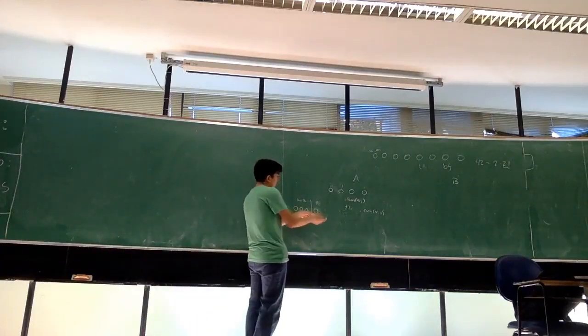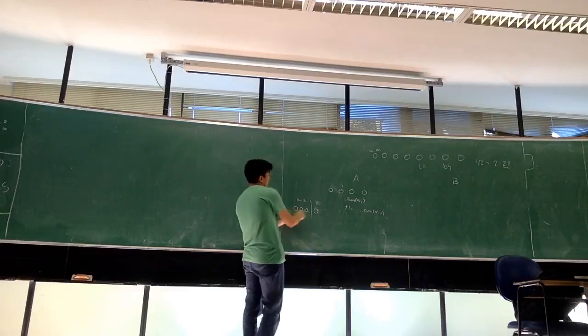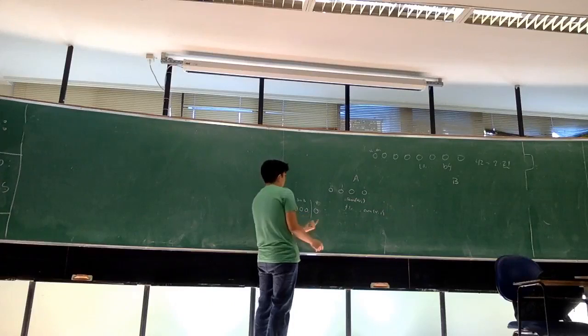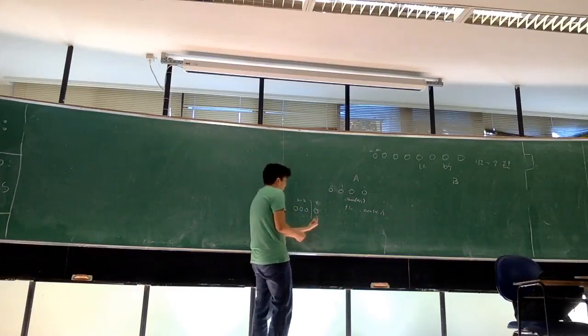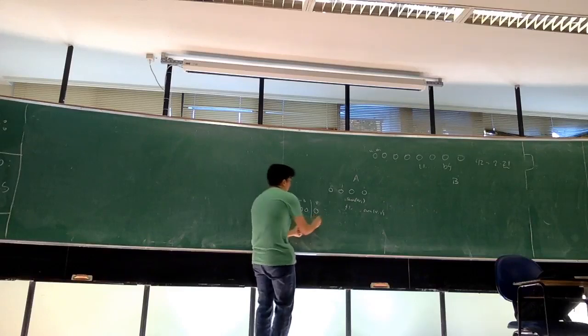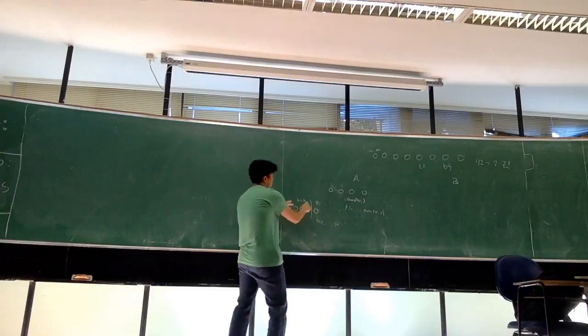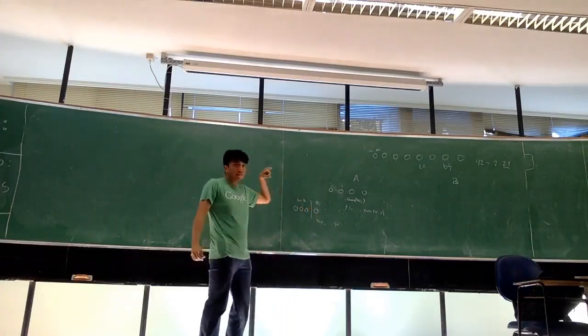Because I can achieve all values using the sum of these 3 guys by an invariant argument. When I get this point, I can use it as a pivot and use this to build all values between 4 plus 1 up to 4 plus the sum of these values.